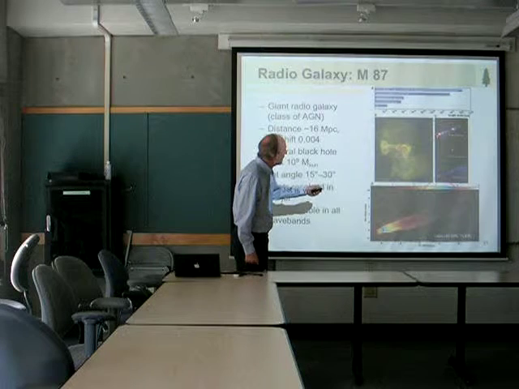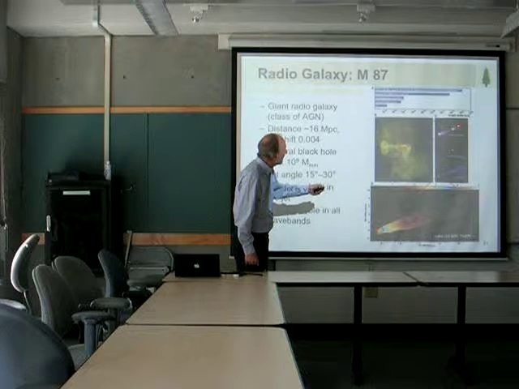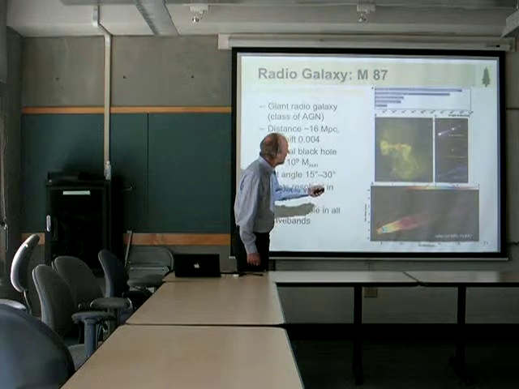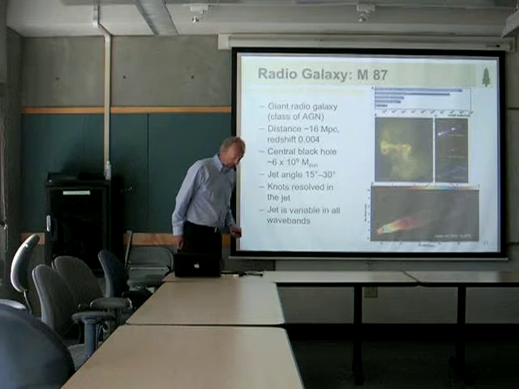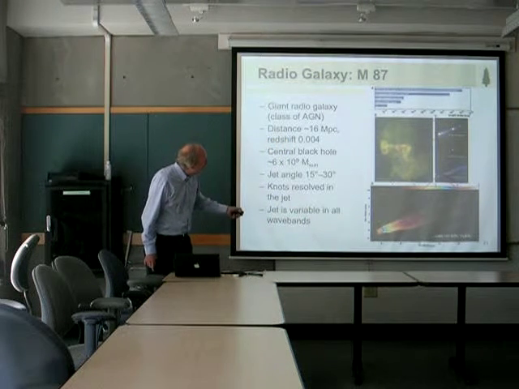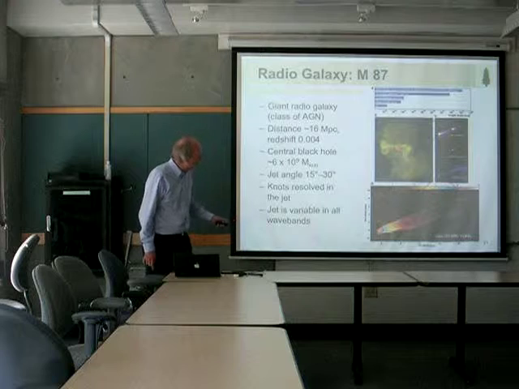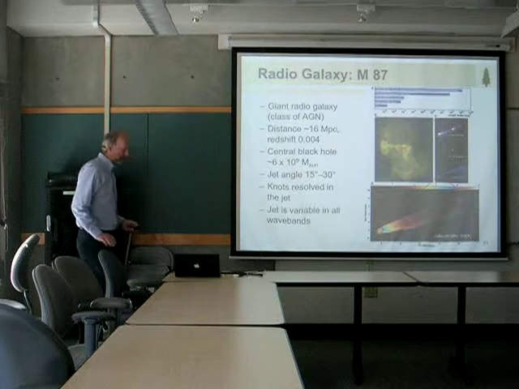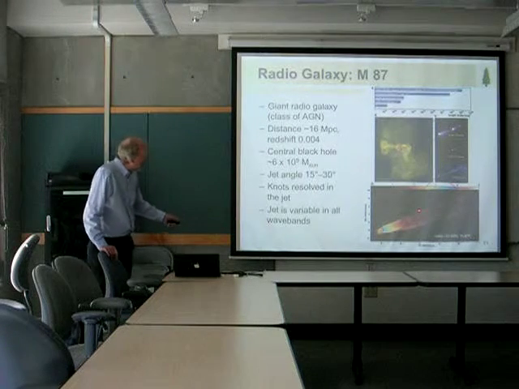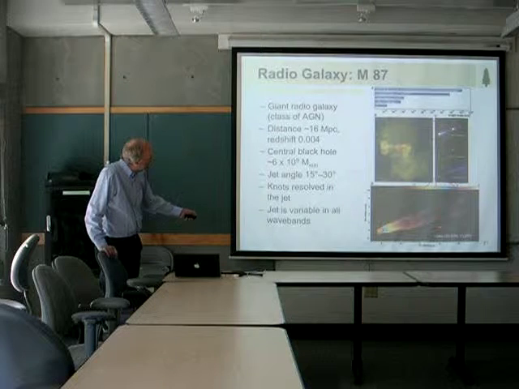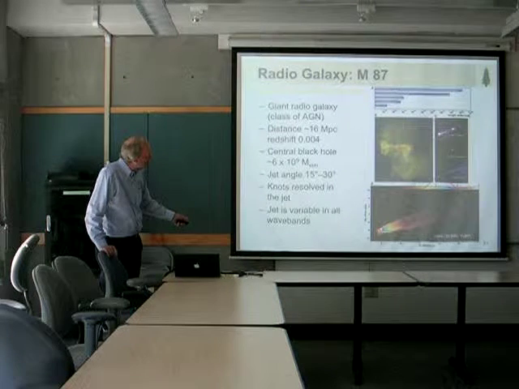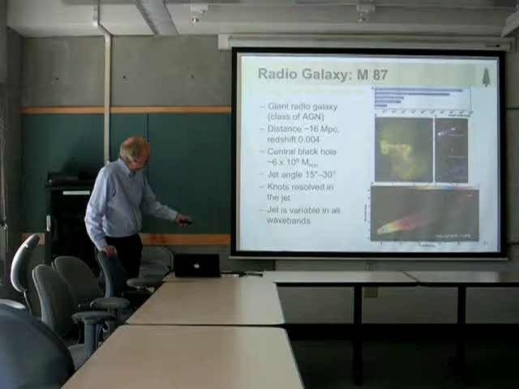And in fact, there's even some structure in this jet, with these so-called knots of bright, intense emission along the jet. And then if you zoom in on this region even closer with very long baseline interferometry in radio, you can resolve even the central portion of the jet and see the base of the jet as it starts out.